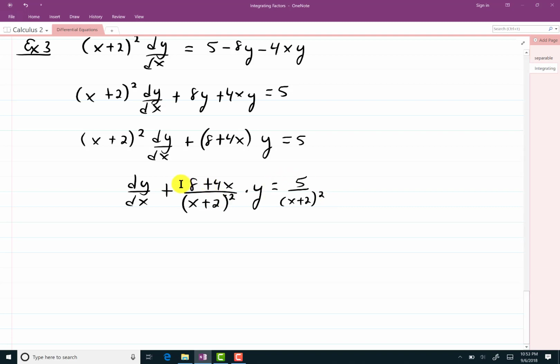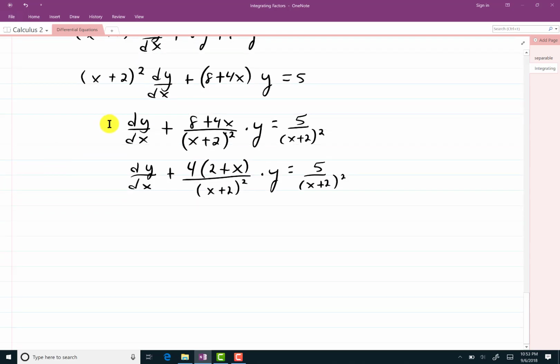Now notice here that I can factor a 4 out of this piece, and I can rewrite this as dy over dx plus 4 times (2 plus x) divided by (x plus 2) squared times y equals 5 over (x plus 2) squared.